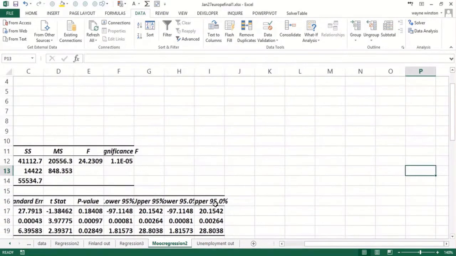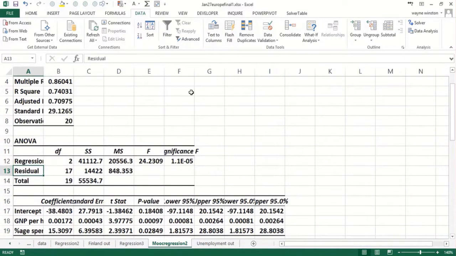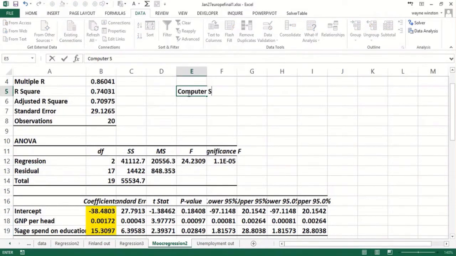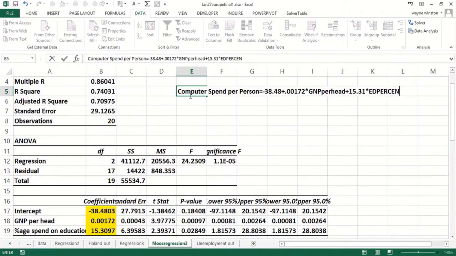Look at the p-values. This says we can predict computer spend per person. We'd predict it to be minus 38.48 plus 0.00172 times GNP per capita plus 15.31 times the education percentage.